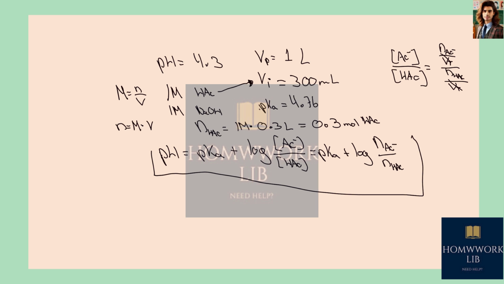First step, we're going to replace the value for pH, 4.3. Whoops, that really looks awful. Let me redraw it. 4.3 is equal to pKa, 4.76, plus the logarithm of the amount of moles of acetate that is going to be generated divided by the amount of moles of acetic acid.